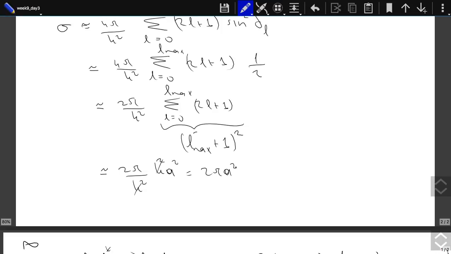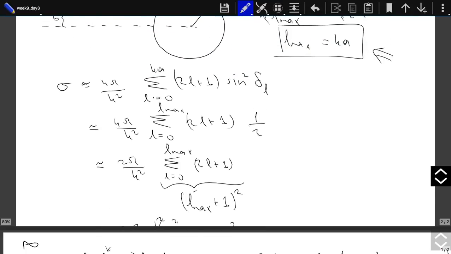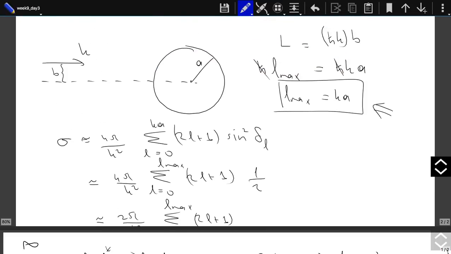Now another thing you can do is, instead of using a summation over L from 0 to Ka, just integrate it.